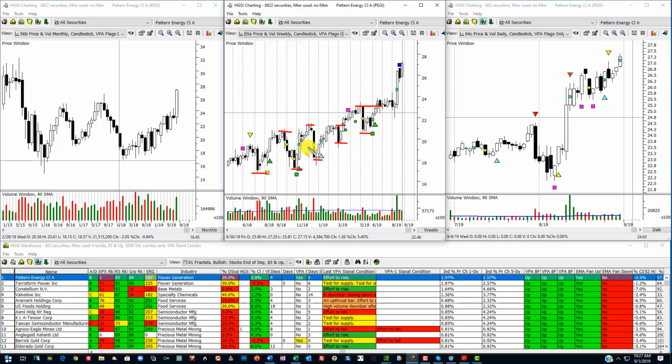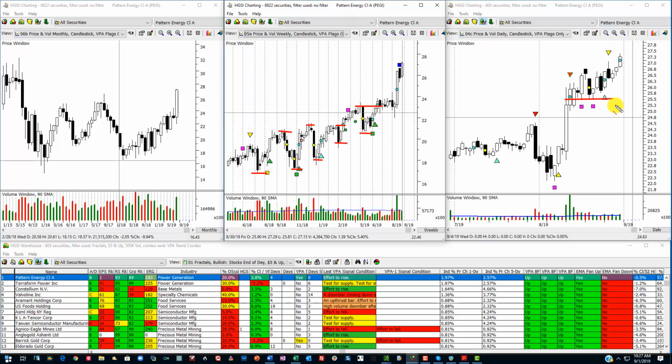You can use a weekly chart for this, or you can do this on all the charts. A lot of pretty solid VPA flags here. Yes, you get some pullbacks, but notice that support holds for this stock.